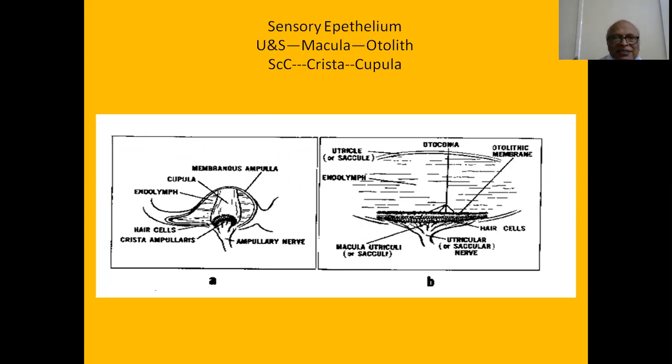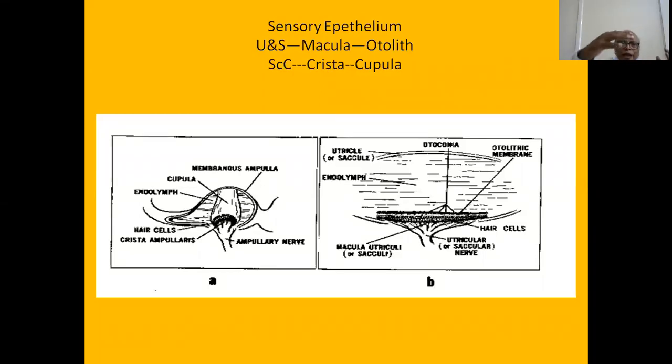There is specialized sensory epithelium in the utricle, saccule and semicircular canals. In the utricle and the saccule, the specialized sensory epithelium is called macula.